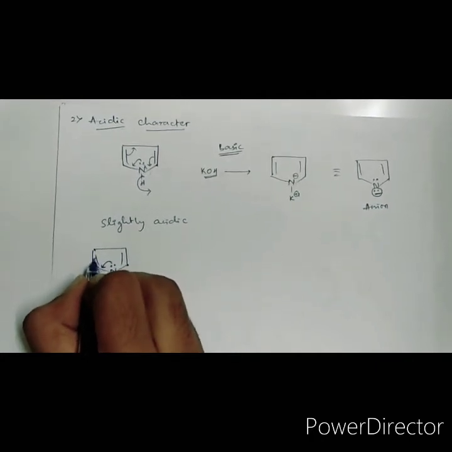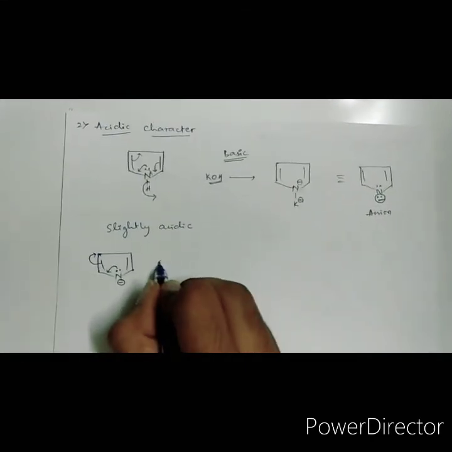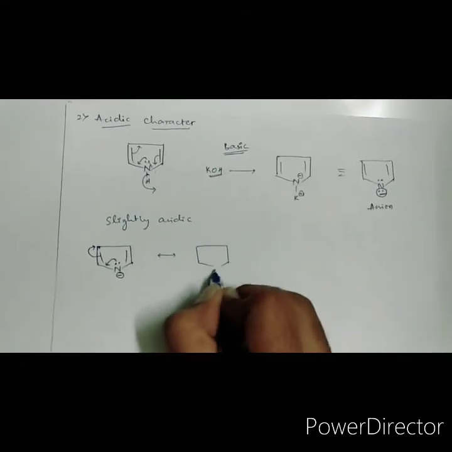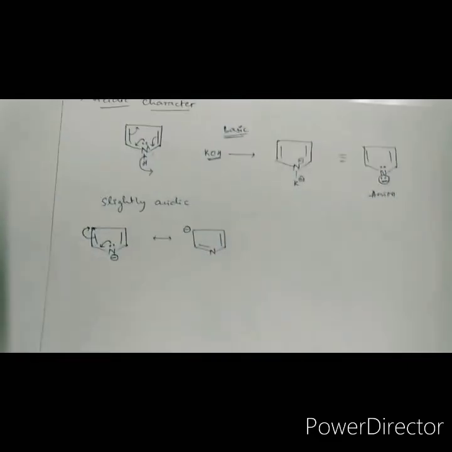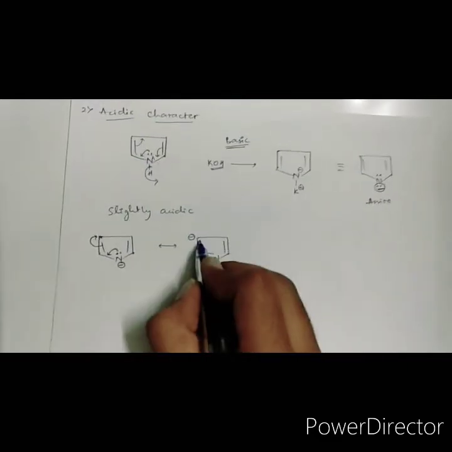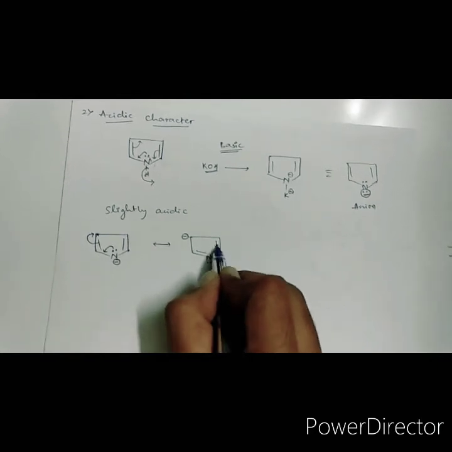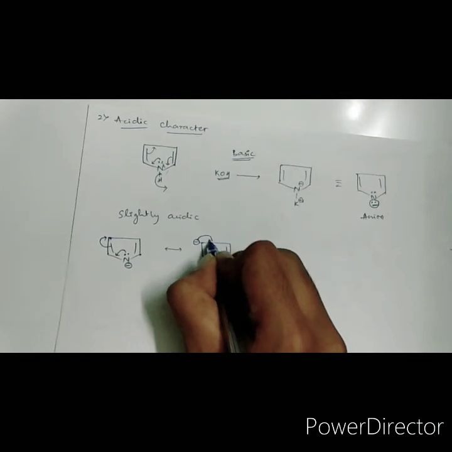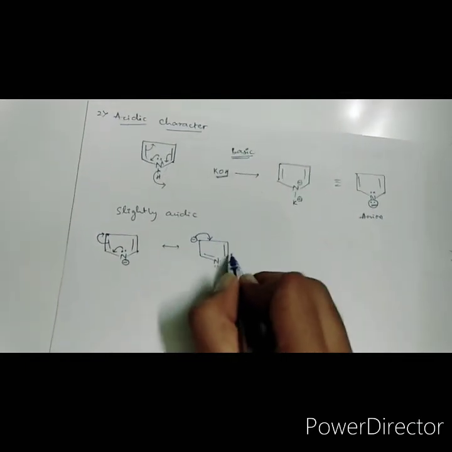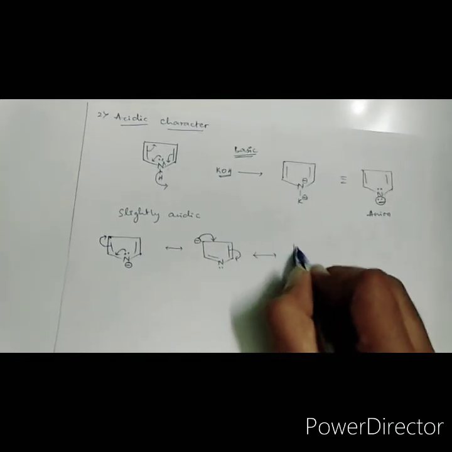So these bonding pair of electrons will be donated to the next carbon atom. So the resultant structure will be the carbon carrying negative ions while the nitrogen is being stabilized by the electrons. Now this negative charge will again be displaced to the adjacent carbon-carbon bond and these electrons will be displaced to the next carbon atom.